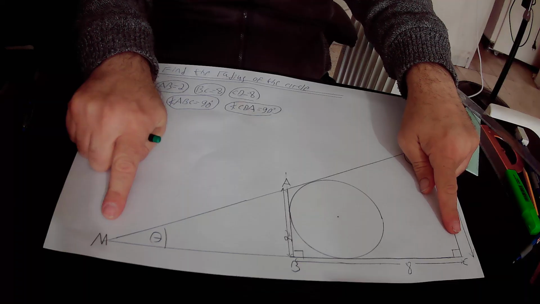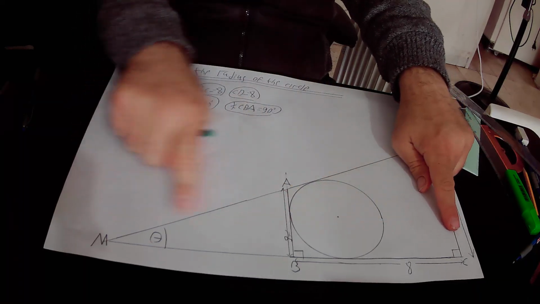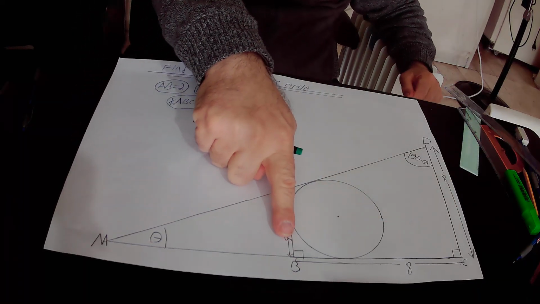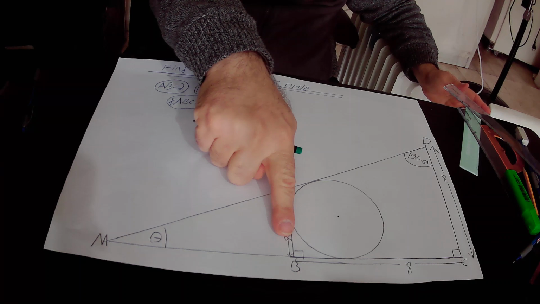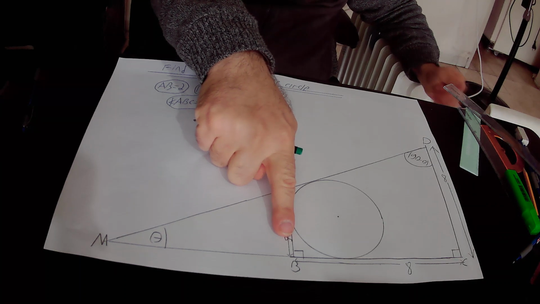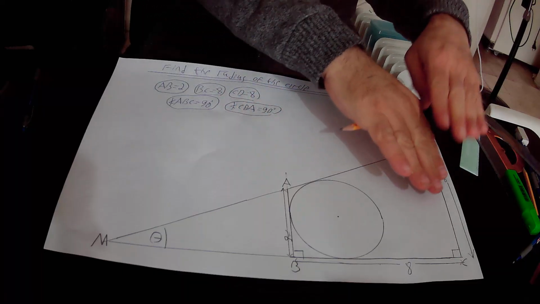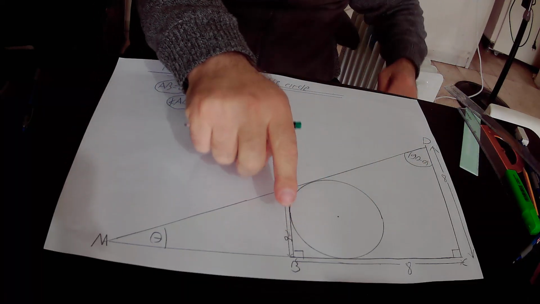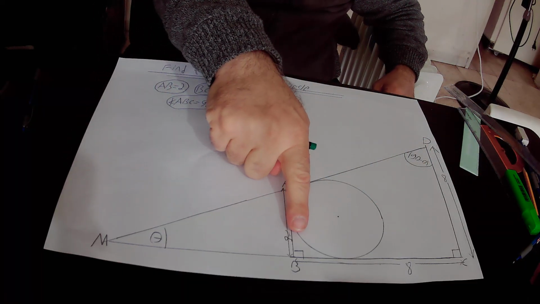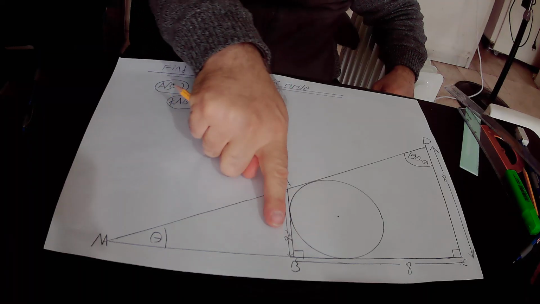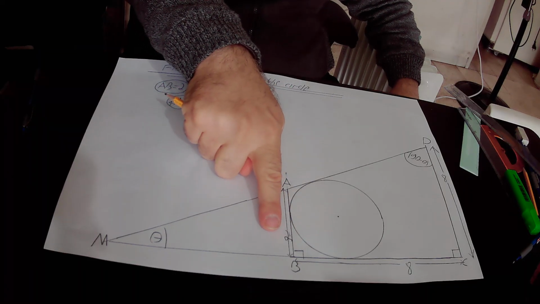If you focus on the upper side of this straight line CM at point B, here the sum of the angles must be equal to 180 degrees according to the rule that the sum of the angles on one side of a straight line equals 180 degrees. So which angles do we have at the upper side of CM at point B? We have this angle that is equal to 90 degrees plus the missing angle, that is angle ABM.